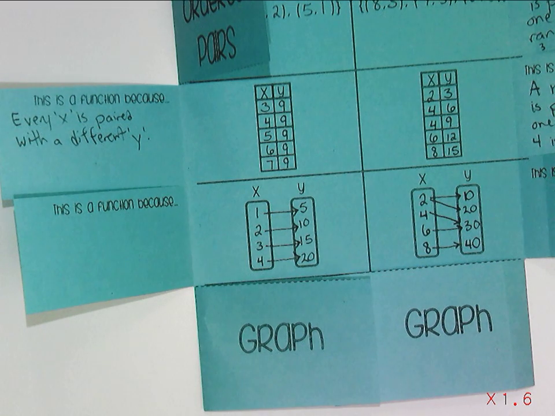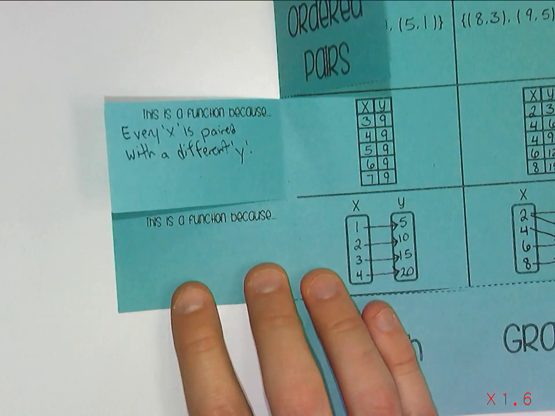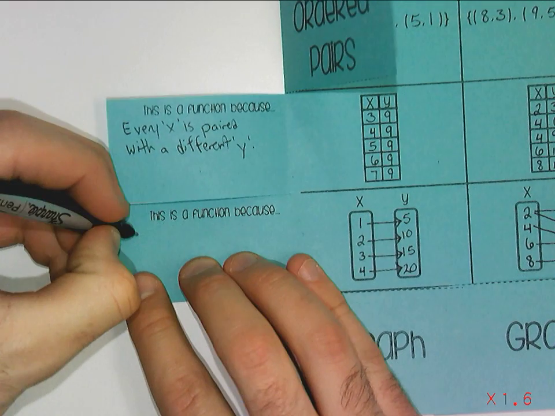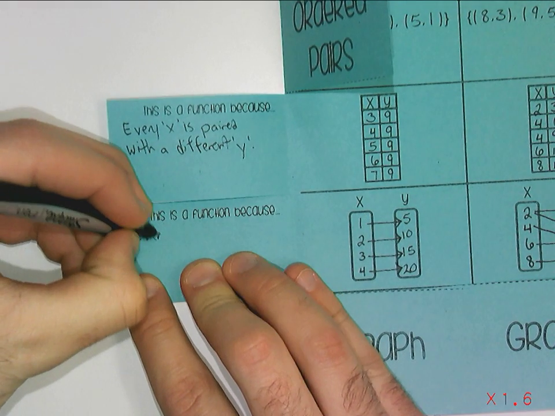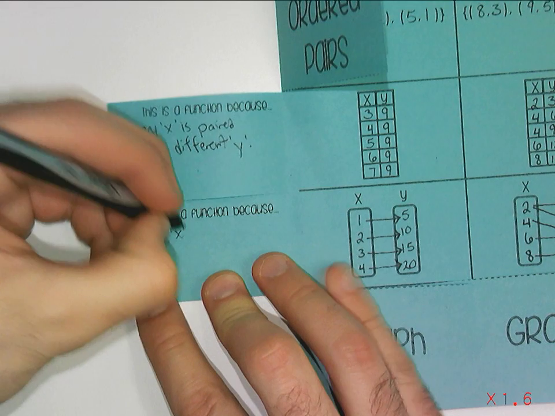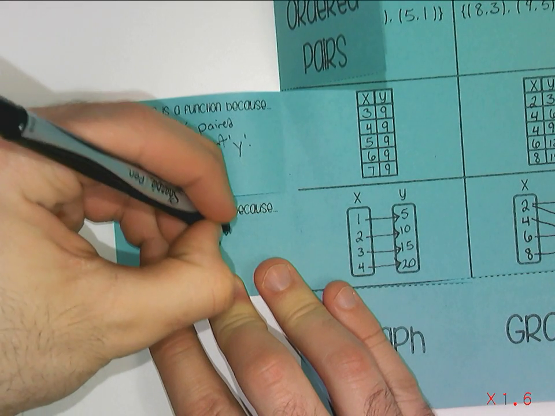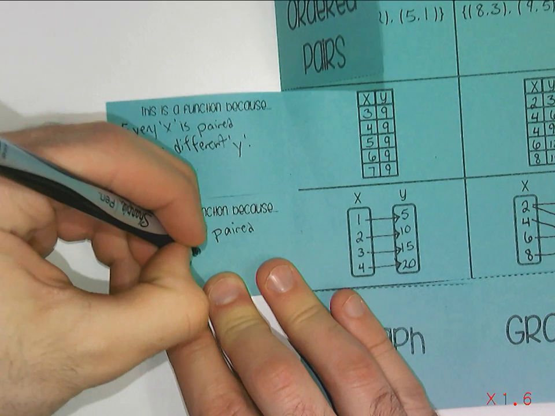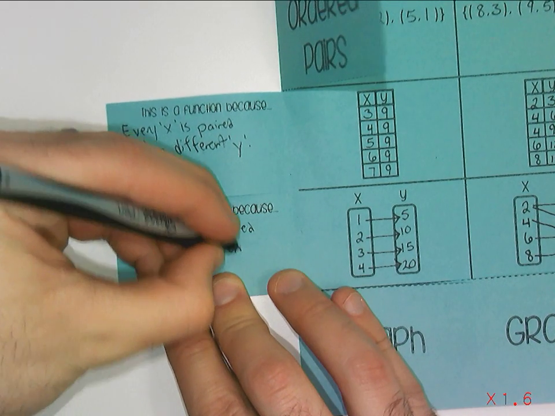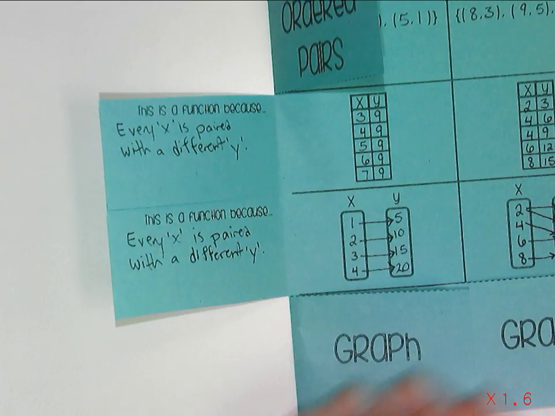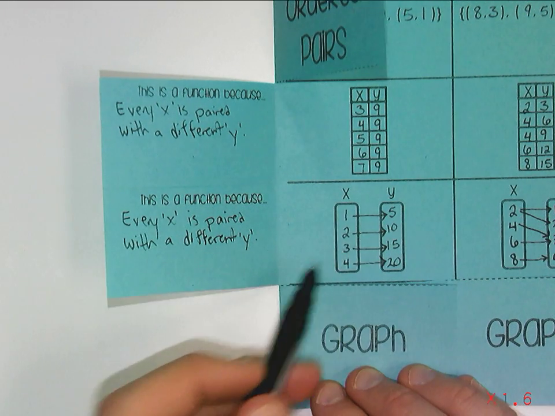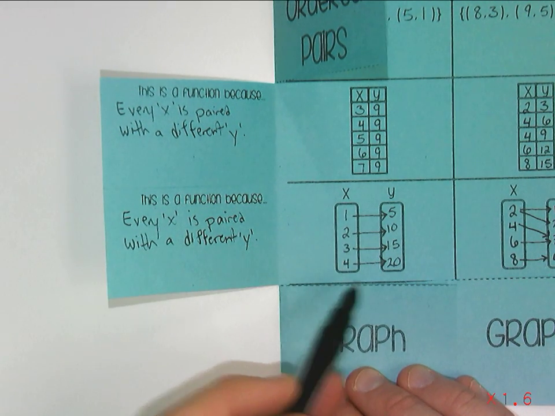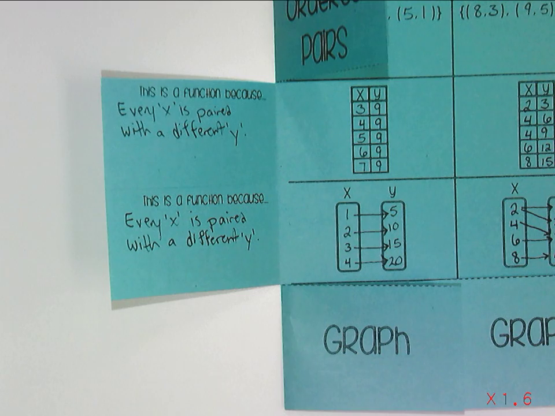So here again, this is a function because every x is paired with a different y. 1 goes to 5, 2 goes to 10, 3 goes to 15, 4 goes to 20. You don't have one x value going to two different y values.